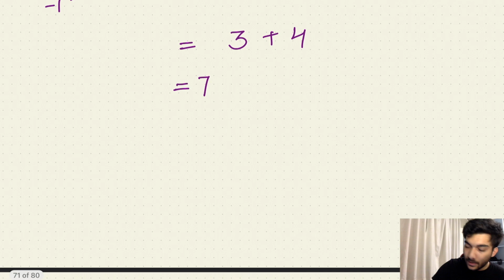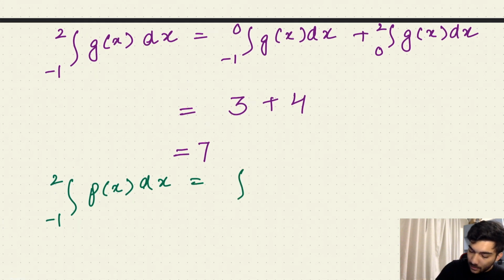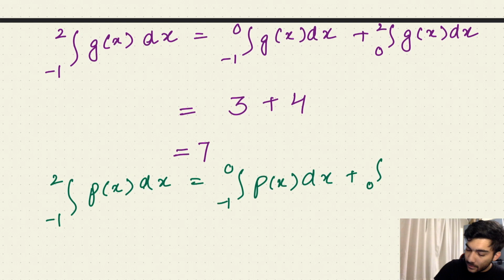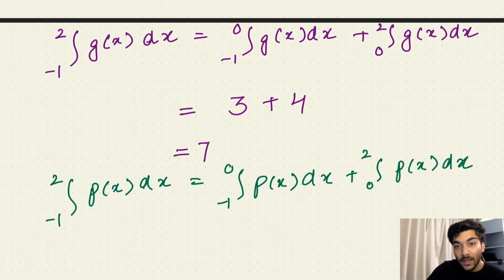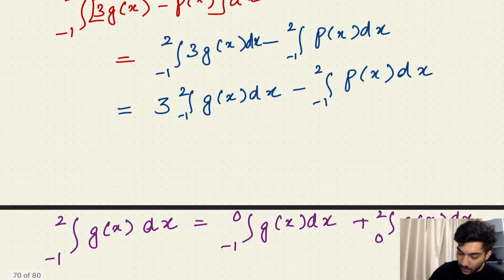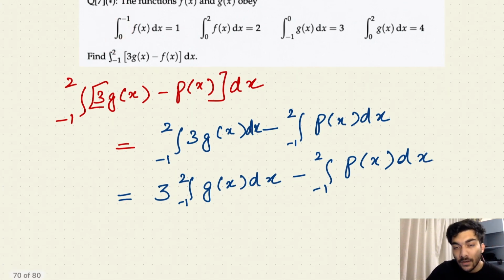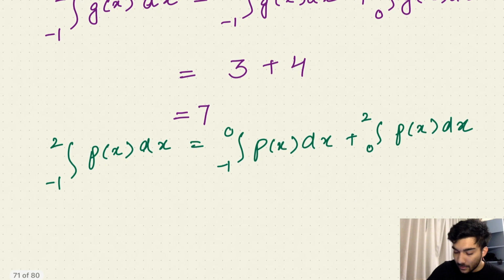Now if we calculate the integral from minus 1 to 2 of f(x) dx using the same property by breaking it at x equals 0, it would become the integral from minus 1 to 0 of f(x) dx plus the integral from 0 to 2 of f(x) dx. Again, let's check what we have been given for f(x). Instead of minus 1 to 0, we have been given 0 to minus 1, and it's easy to calculate minus 1 to 0 based on it.